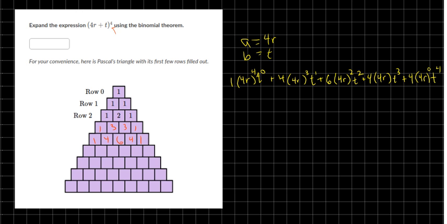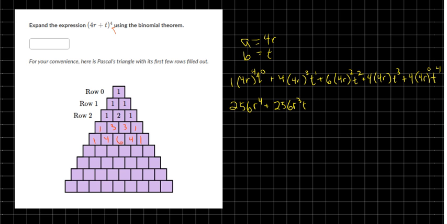the 4th power. Okay, so let's simplify this. 4 times 4 to the 4th is 256. I happen to know that, but you can use a calculator. 256 R to the 4th plus R to the 3rd times 4 is 256 again.